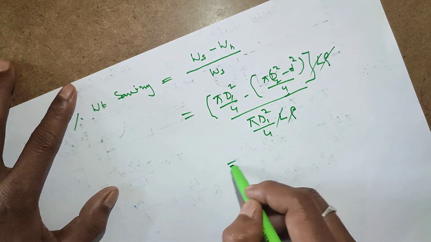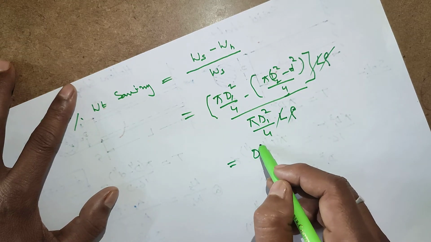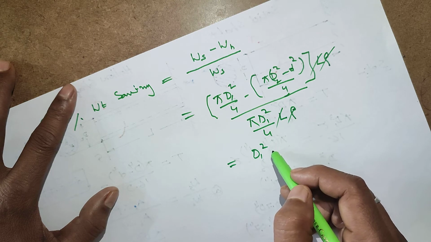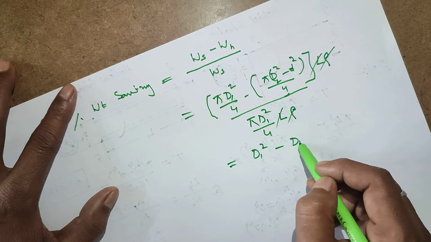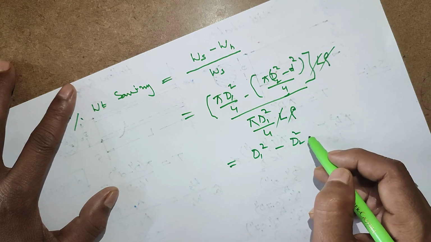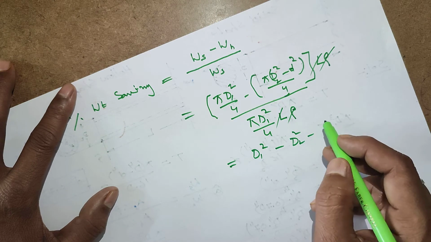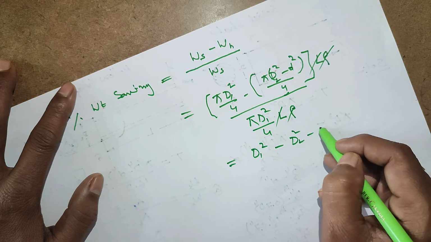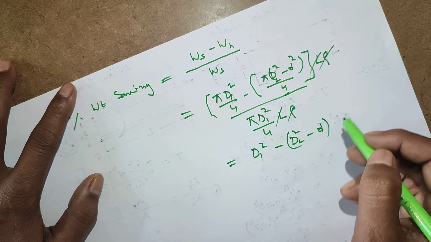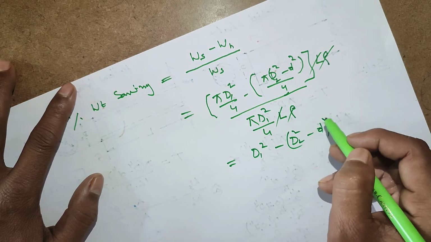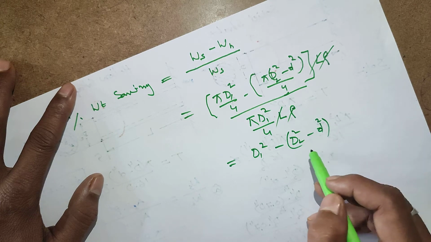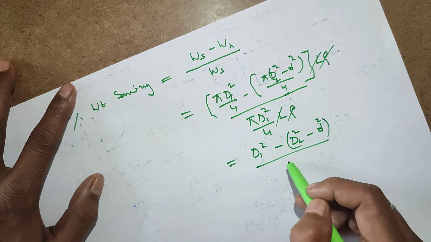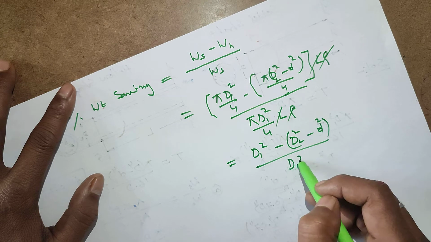What will remain is d1 square minus d2 square minus d square, in terms of whatever ratios are given, divided by d1 square.